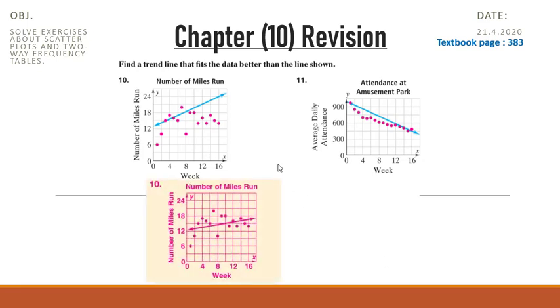In this question you can't give me an answer. You should draw, not give an answer. So I removed the blue one and I drew another one which is a better fit. Okay.